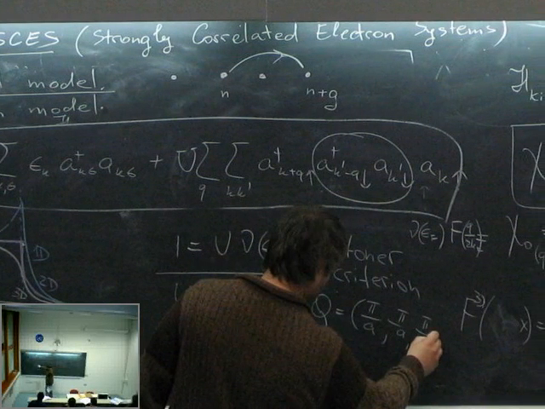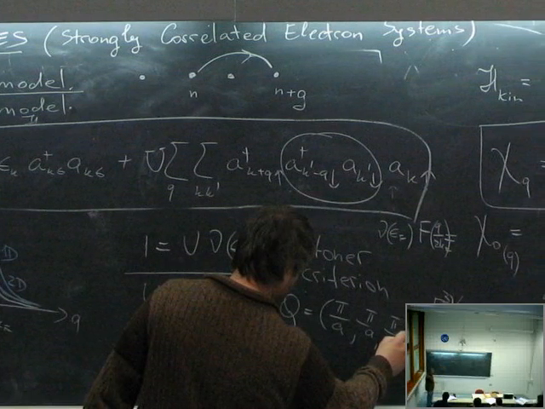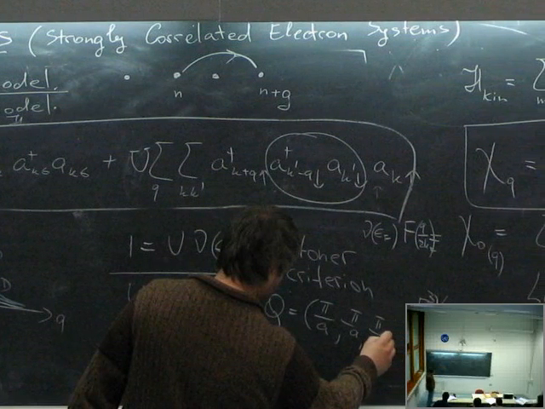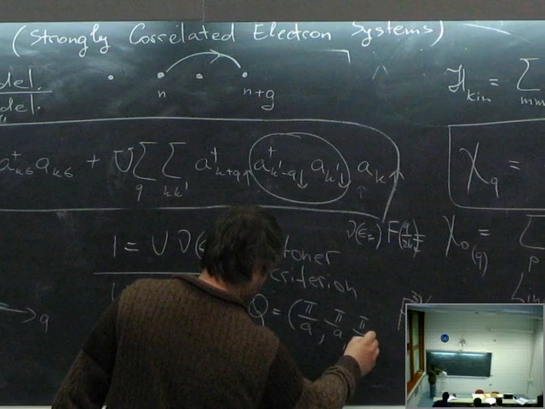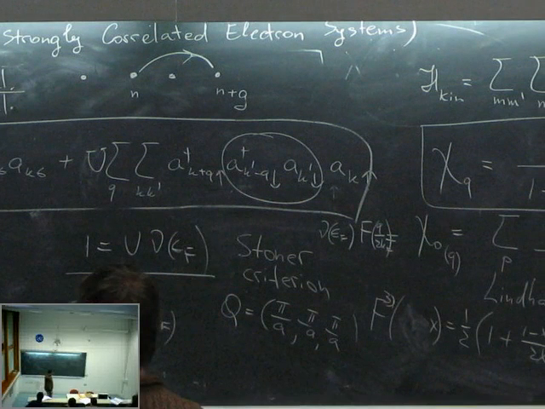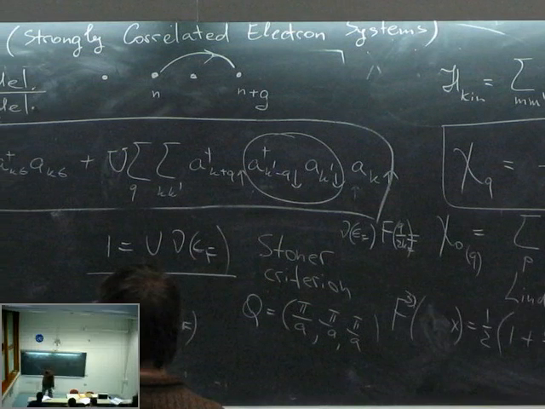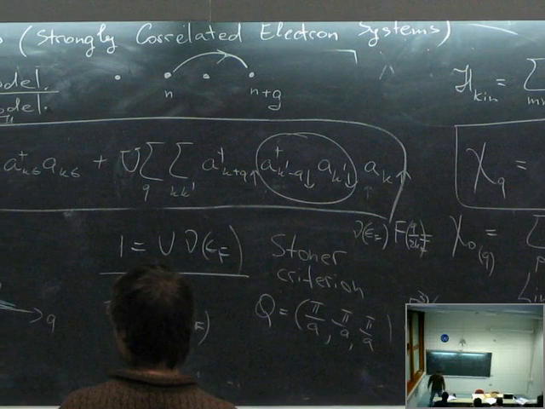Here, we have an instability associated with the vector which is associated with momentum transfer through the Fermi surface.